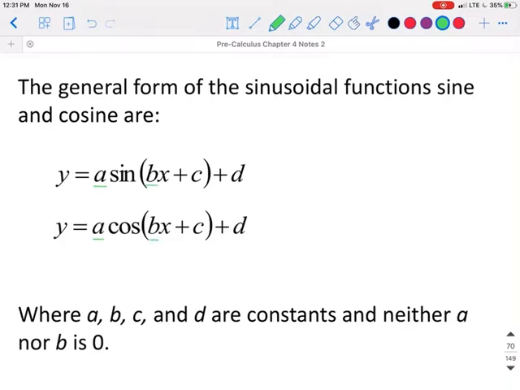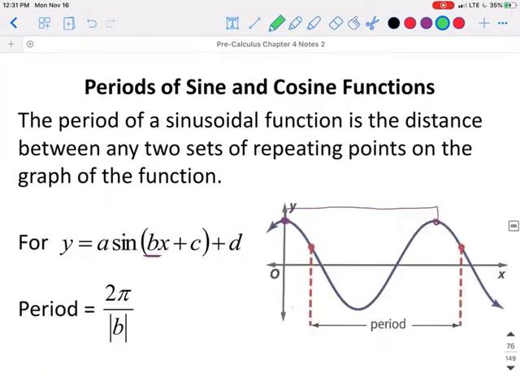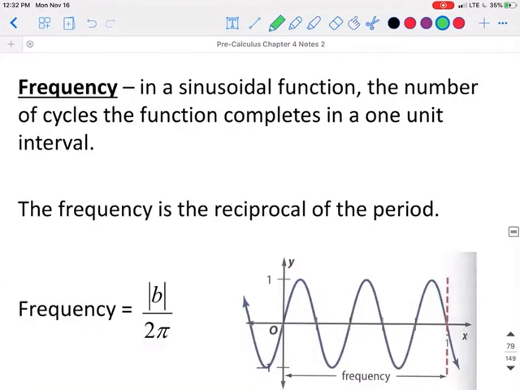The b value is used to determine the period of your function, and the period is 2 pi over the absolute value of b. Now that tells you how far between 2 points that are the same on the graph. So the distance between a high point and a high point is the length of one period.